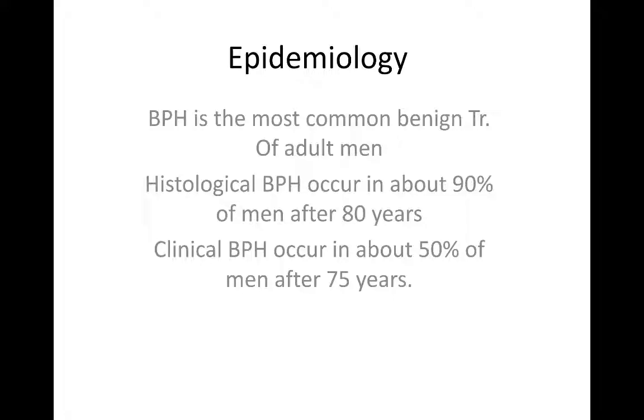This means there is a high percentage of BPH that gives no symptoms to the patient, because histological means there is an increment in the cells of the prostate gland but still not giving clinical signs and symptoms. Clinical BPH means BPH that causes clinical signs and symptoms to the patient.